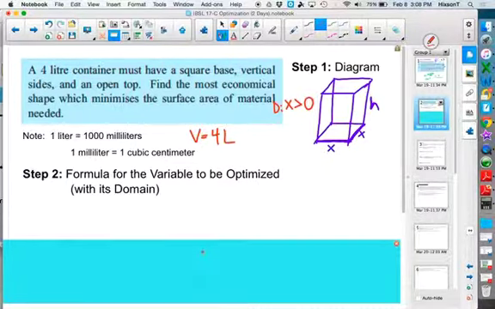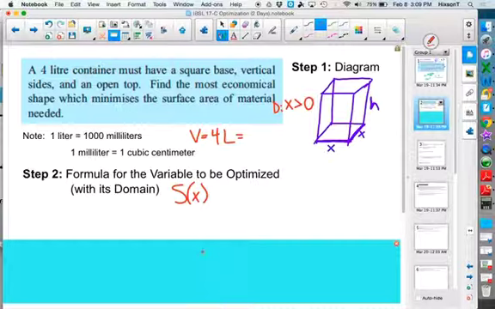We want our surface area, and I'm going to make our surface area be in terms of x. Right now though we have the x and the h. However, this is where this other piece of information comes into play, because we have more than one variable, so we need to write h in terms of x.